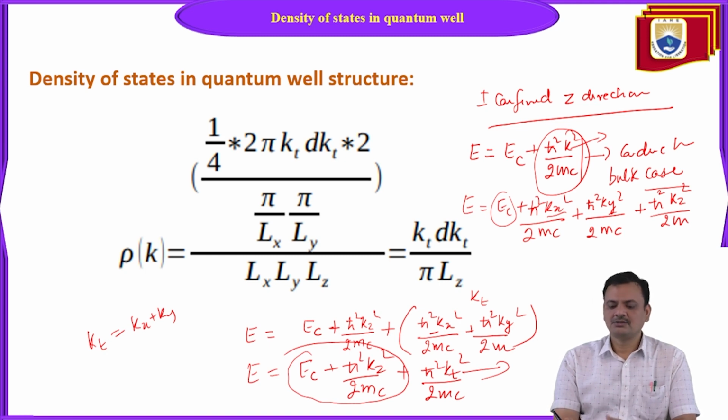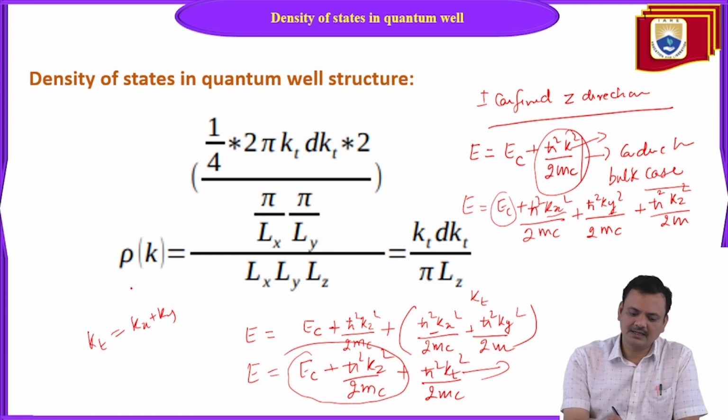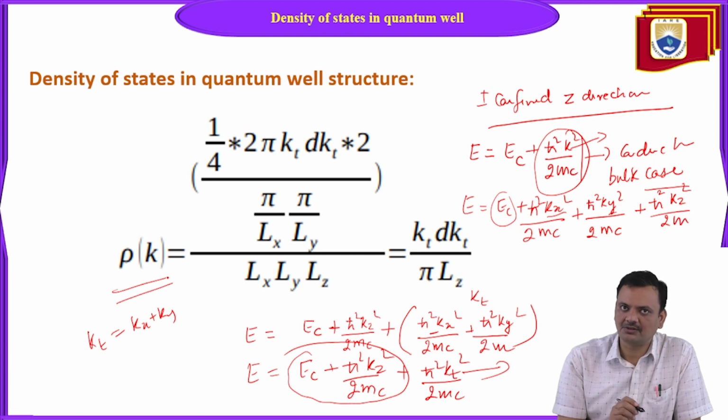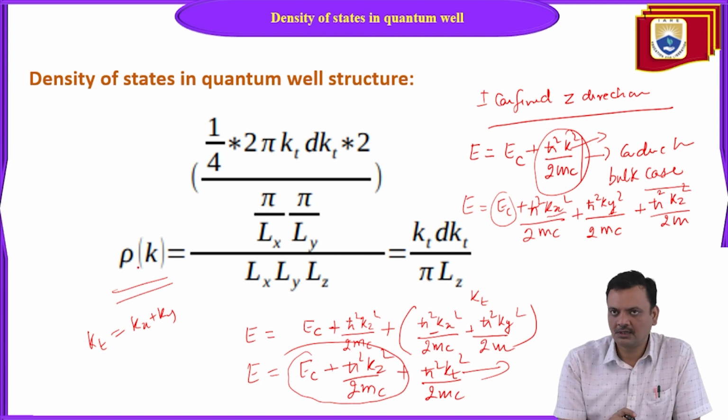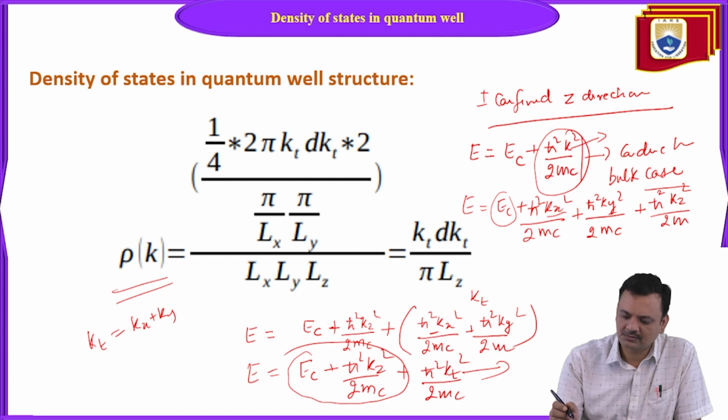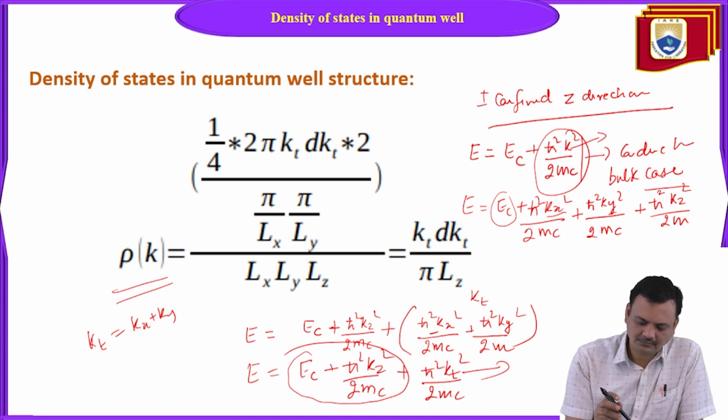I already derived this expression of density of states in terms of k, and now I want to convert this density of states relation in terms of E. So what we have to write, as you know, is rho k dk is equal to rho E dE.